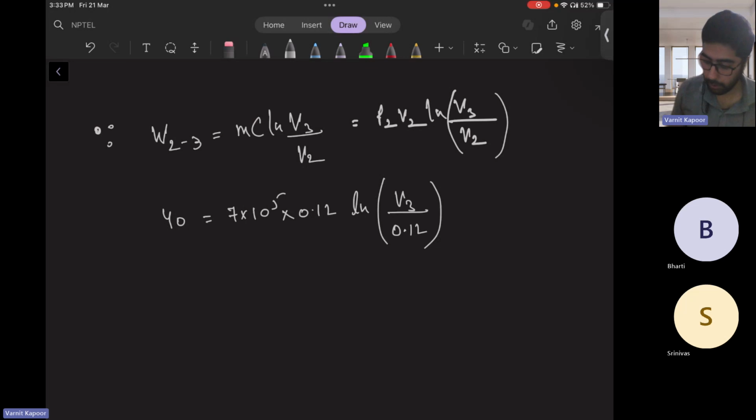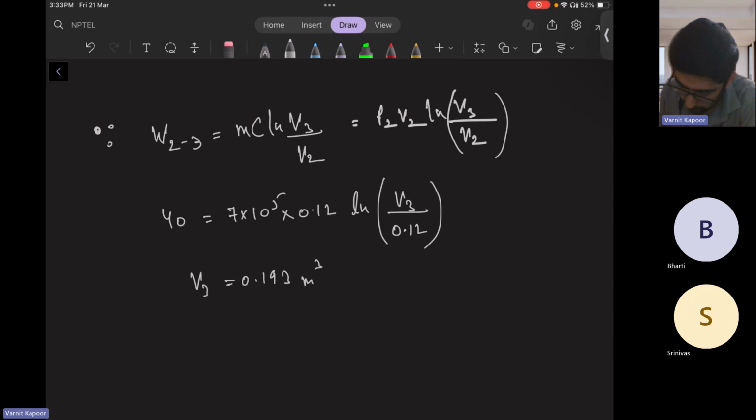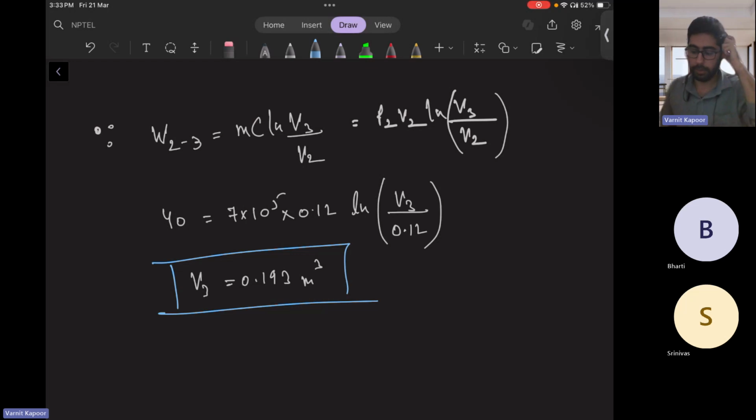So let us solve this. 40 divided by 7 into 10 to the power of 5 divided by 0.12, exponential of this into 0.12. So V3 comes out to be 0.193 meter cubes. Okay, so that was the value required.